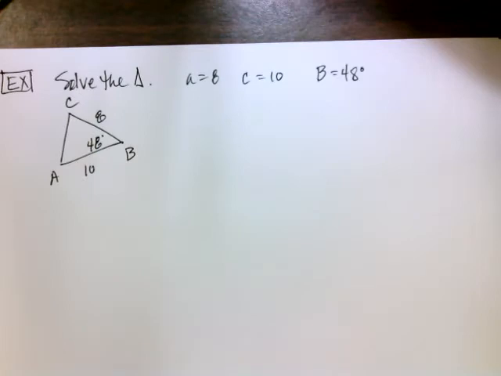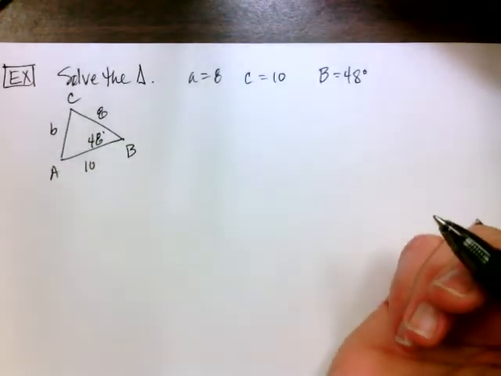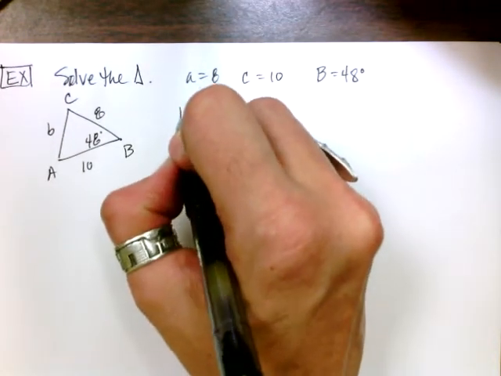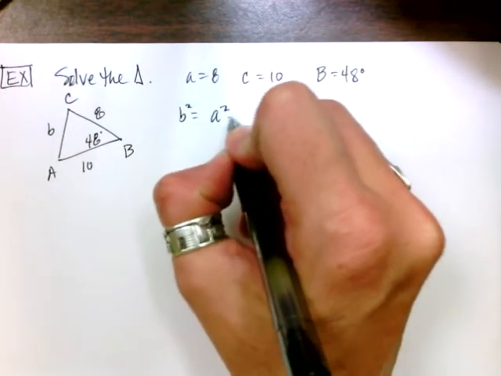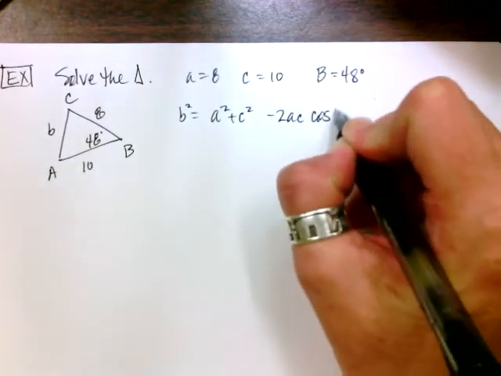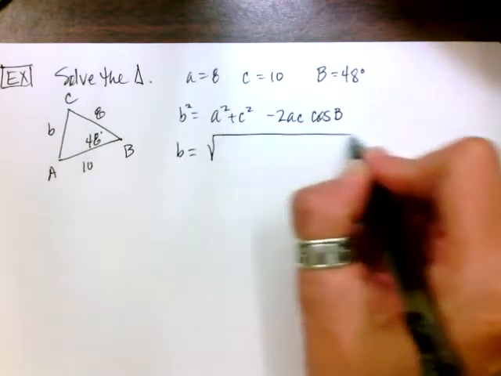So the first thing that I'm going to do is find side B, because once I find B, then I can switch to the law of sines. So b squared is a squared plus c squared minus 2ac cosine of the included angle. So b is the square root of that mess.